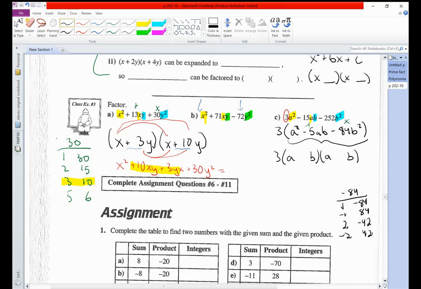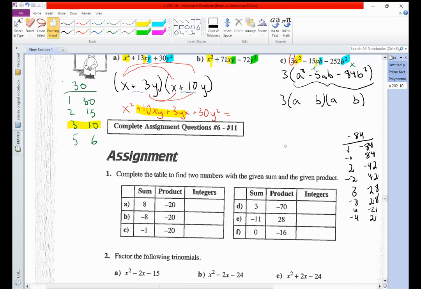Let me pull up my calculator here. Let's see if we have 3 and negative 28, negative 3 and 28. 84 divided by 4 is, well, we have 4 and negative 21, and negative 4 and 21.